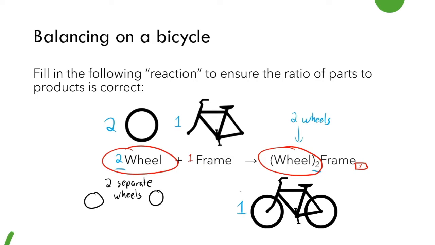So these wheels aren't bonded together in any way, they're just 2 wheels that are maybe in the garage or whatever like that. On the flip side, wheel 2, in this context, means that there are 2 wheels that are bonded together. And they're bonded together through the frame. We know that based on how a bicycle works. But when you see a subscript like that, that's telling you that those 2 things are bonded.